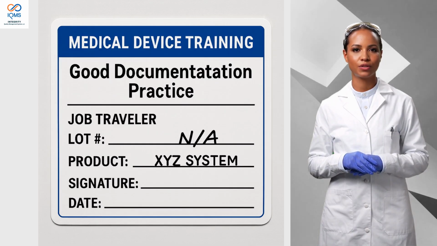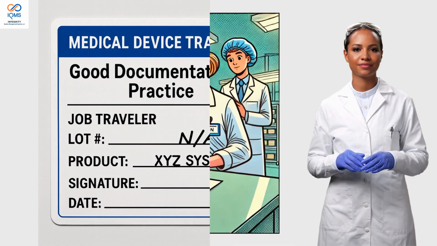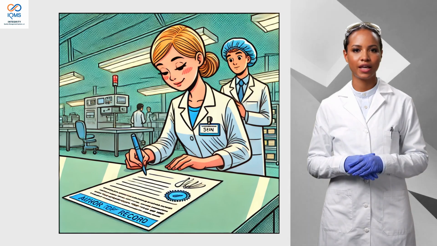Blank spaces must be crossed out or marked as NA to prevent later additions. Each entry must be attributable to the person making it.